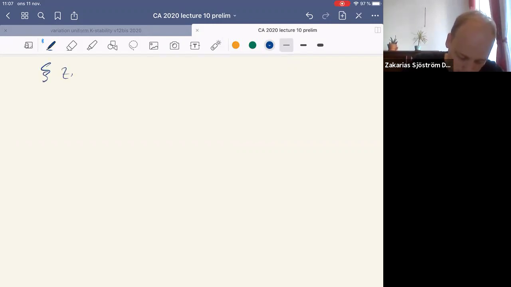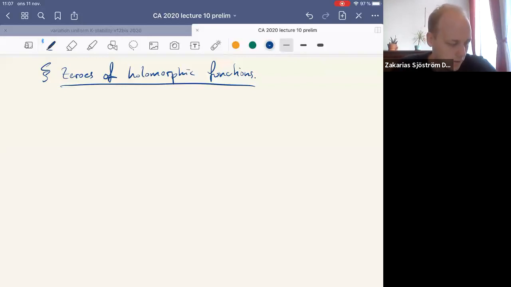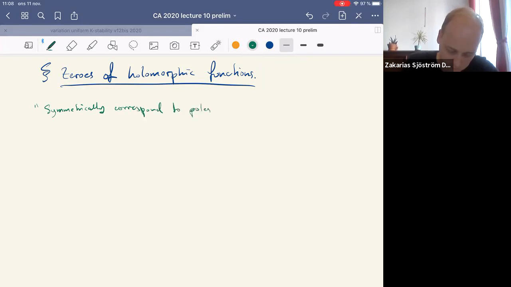So the next headline here would be zeros of holomorphic functions. Zeros of holomorphic functions sort of symmetrically correspond to poles, which are singularities, of course.